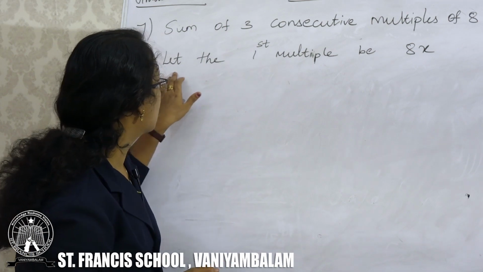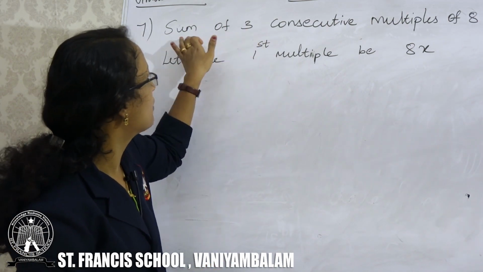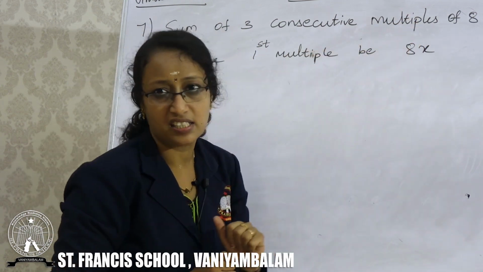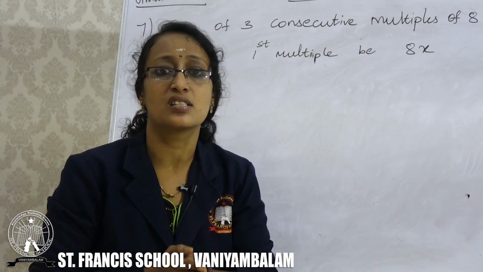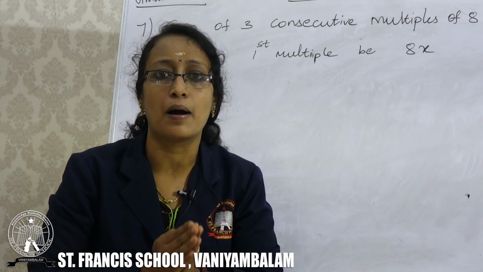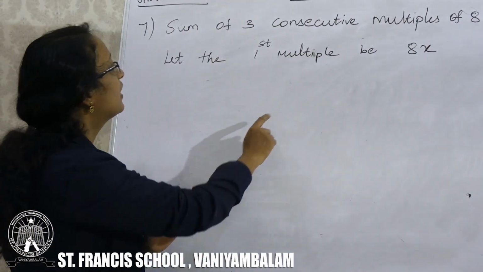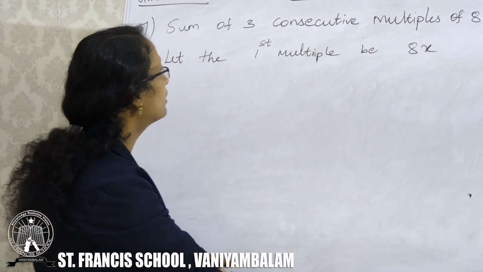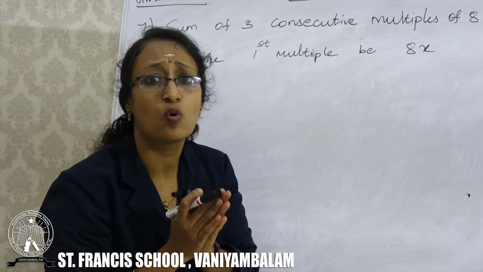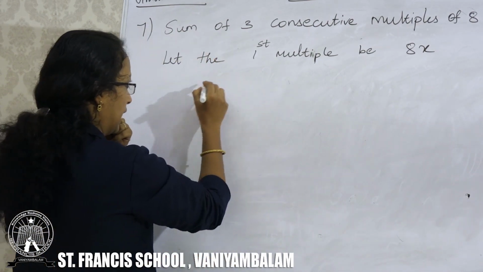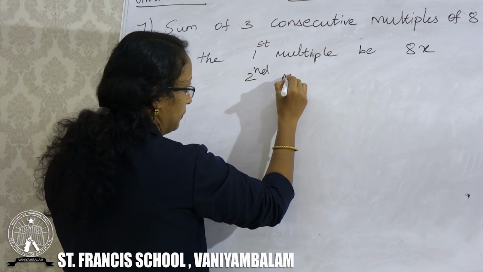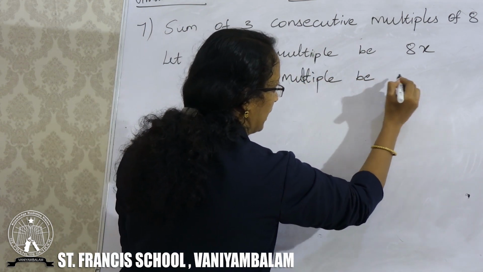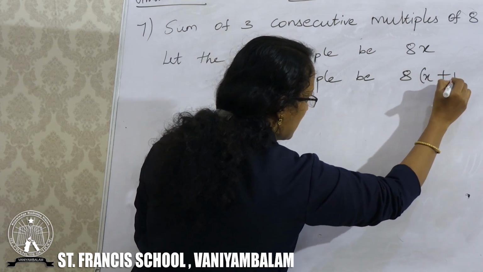So here it is given multiples of 8, so the number should be multiplied by 8. You can take, let the first multiple be 8x. If the first multiple is 8x, what will be the second multiple? The second multiple will be 8 into x plus 1.